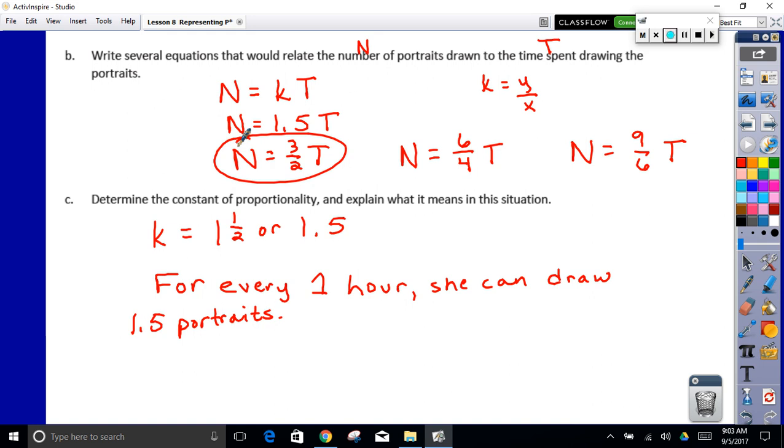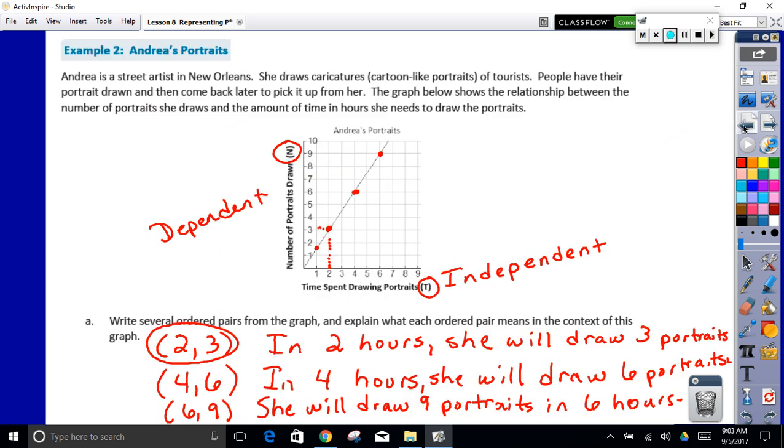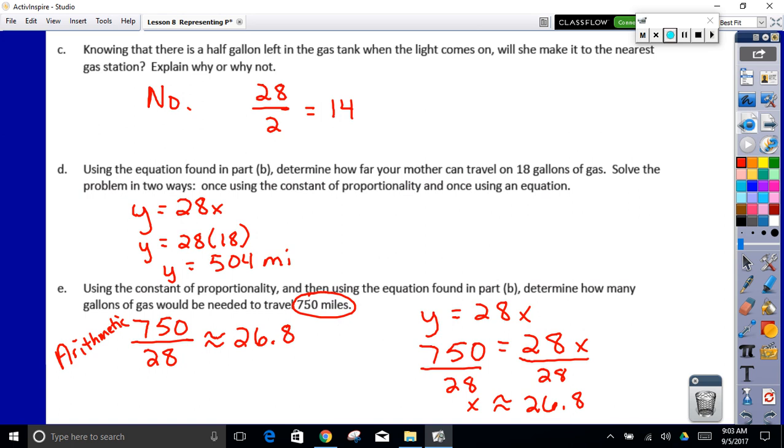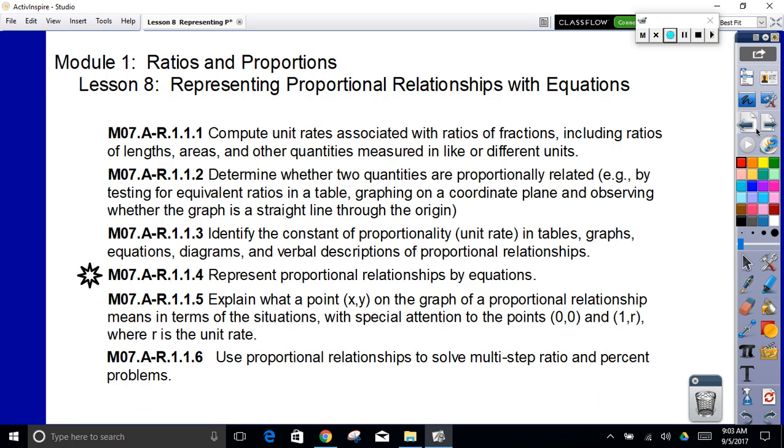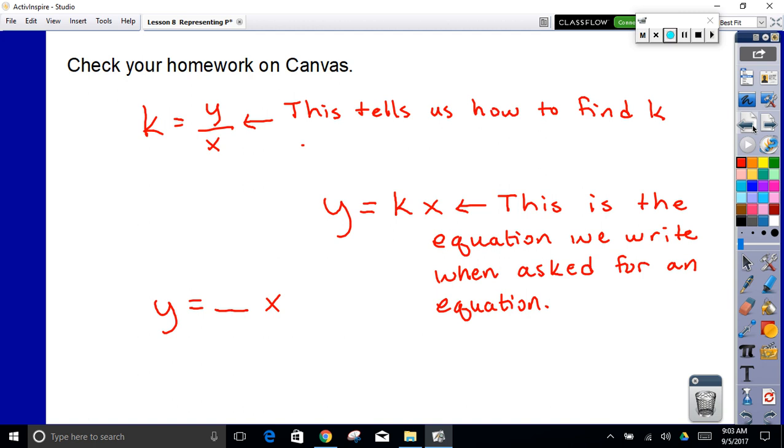And then what is the common equation we write to show that relationship, Michaela? K equals whatever it is. We had two equations. We had k equals y over x, but the equation we write would be the other equation. So we would want to write y equals kx.